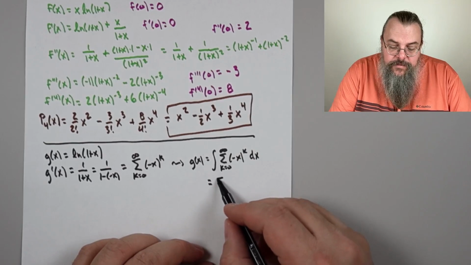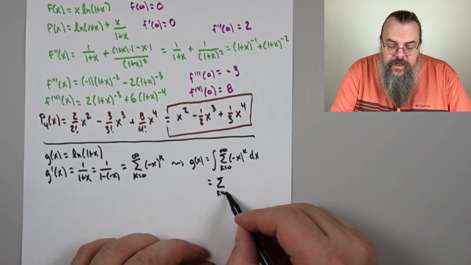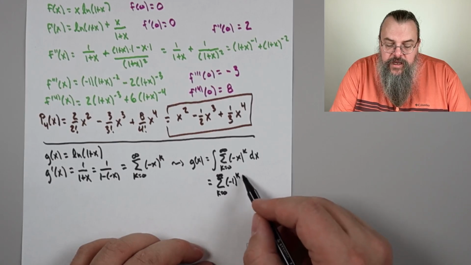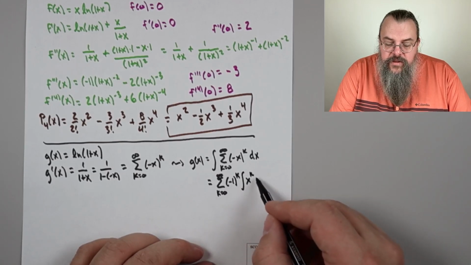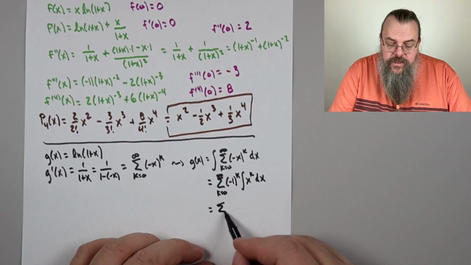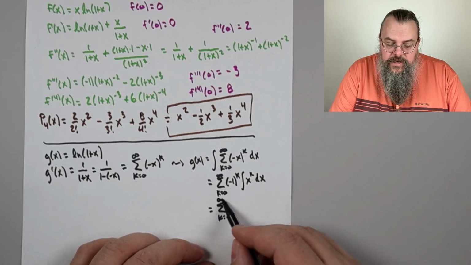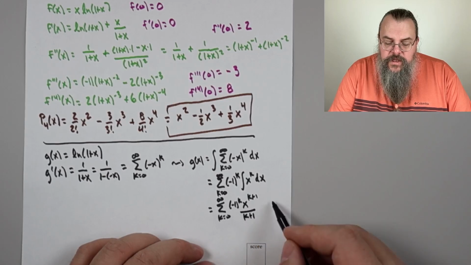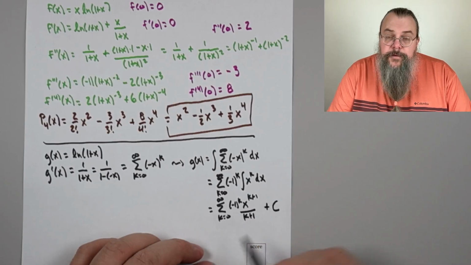So this becomes the sum, k equals 0 to infinity, of minus 1 to the k, integral of x to the k dx, which is the sum, k equals 0 to infinity, of minus 1 to the k, x to the k plus 1 over k plus 1, plus c.